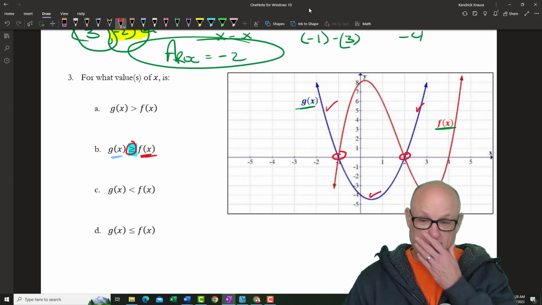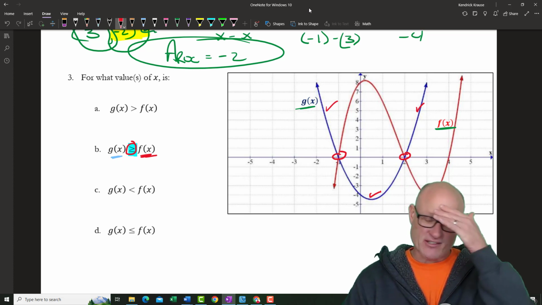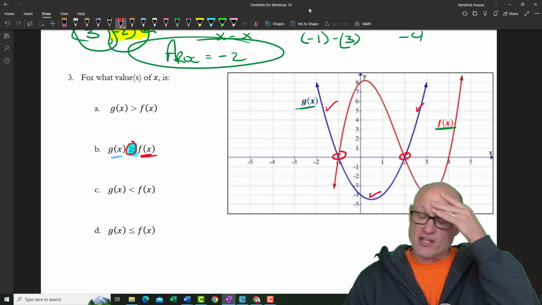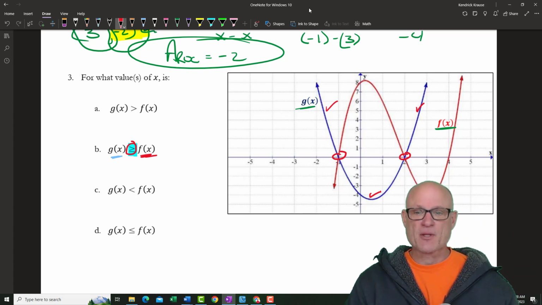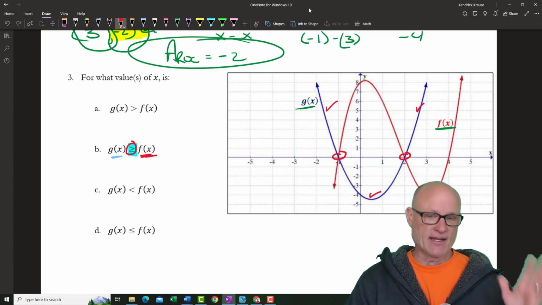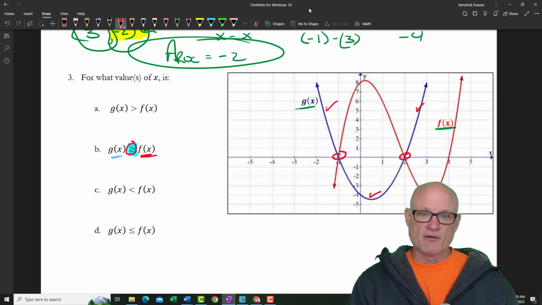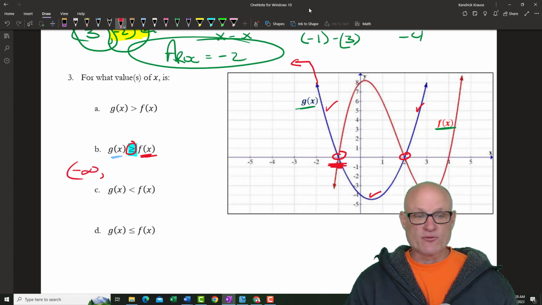So it looks like, this isn't entirely true because of the graphs I made, but let's just say based on what I see here, and again, I probably have to come up with a better example, that blue is above, starting all the way over here at -infinity and ending at -1.